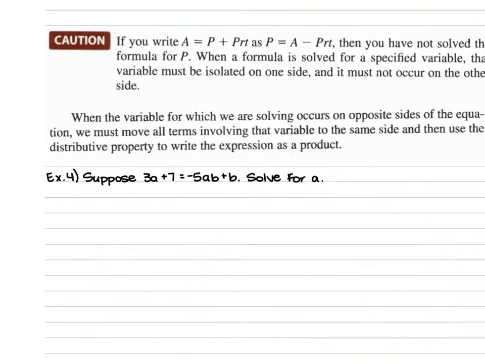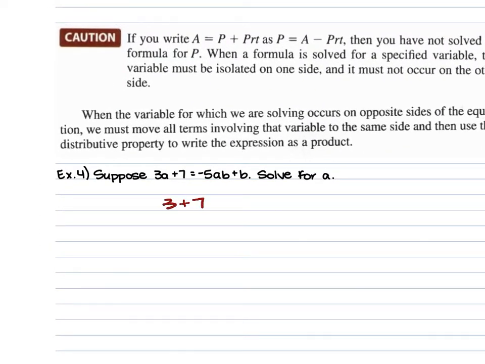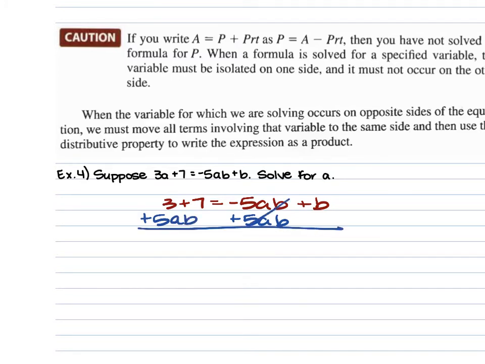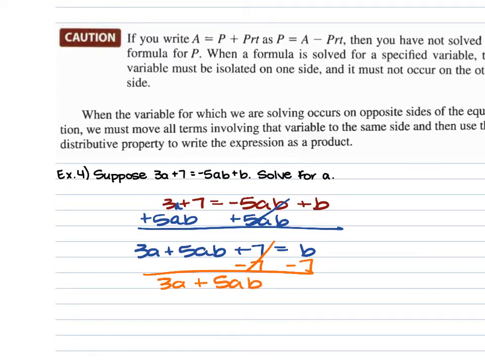For example 4, it tells us to suppose 3a plus 7 is equal to negative 5ab plus b, and solve for a. So I'm going to start by getting those terms that have a with them on the same side. This is going to be 3a plus 5ab plus 7 is equal to b. And then I'm going to move that 7, so I'm just going to subtract it from each side. So 3a plus 5ab is equal to b minus 7.